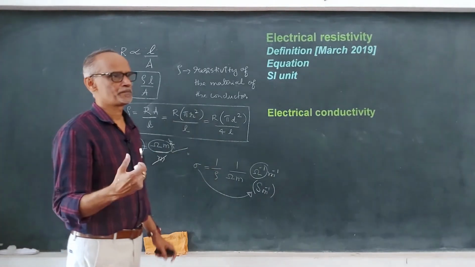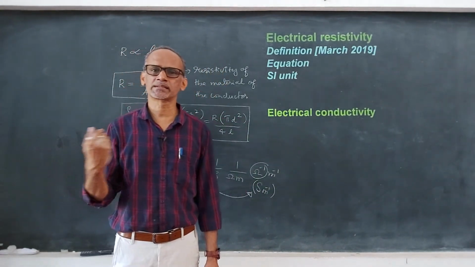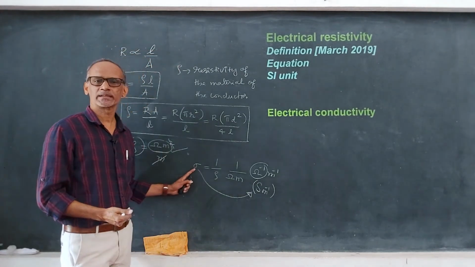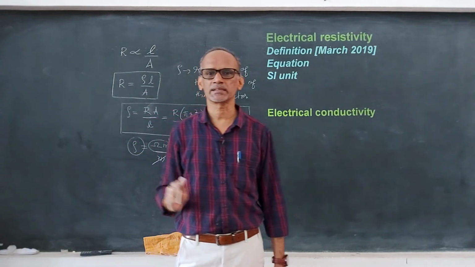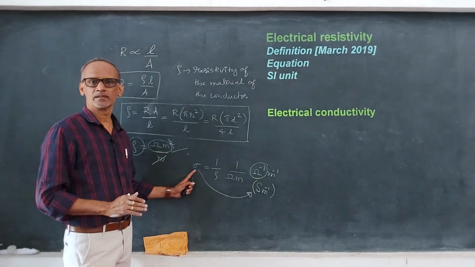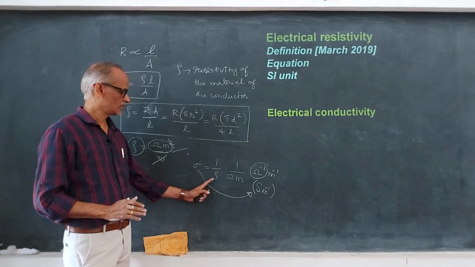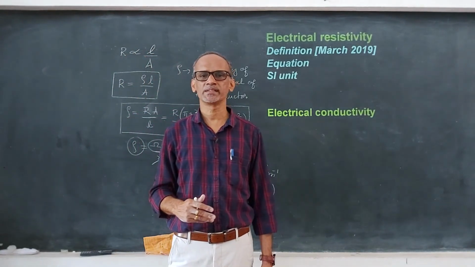So if it is a conductor, it conducts the charges very easily, so that is why it has a greater electrical conductivity. An insulator does not conduct at all, correct. So that is why its conductivity is 0, and its resistivity is very high for insulators.